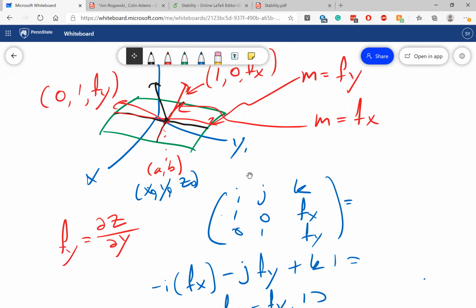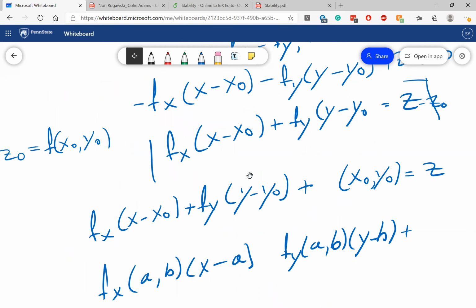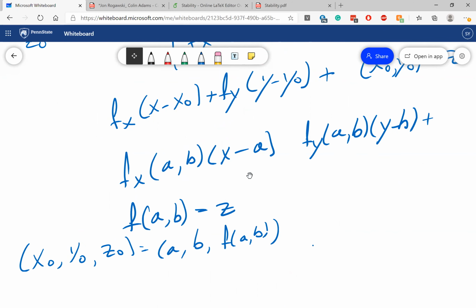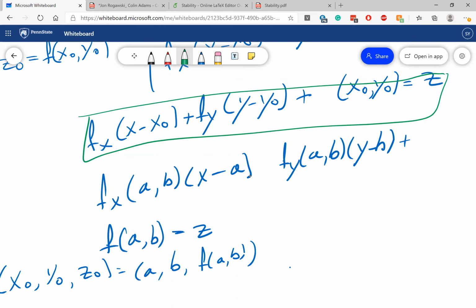Okay, did that help? Yeah, but where do you get the x minus a? Oh, I mean, so once you have x0 is a, you would just substitute this x0 and put an a. And this is also, so let me take this and move it down here.